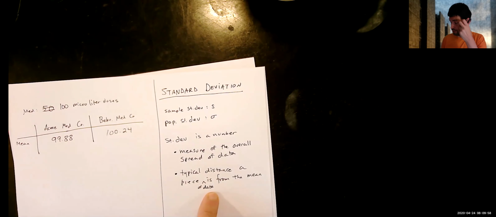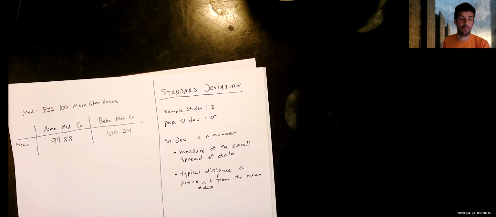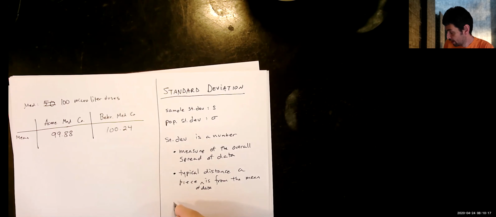So this number, the standard deviation, doesn't necessarily mean lots and lots of data is that many units from the mean, but it kind of tells us the average distance. It's another way to think about it. It's not quite the average distance, but that's another way we can think about it. And that's the sense in which I'm using the typical data.